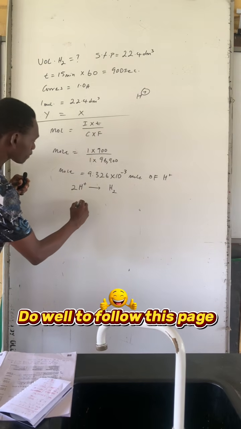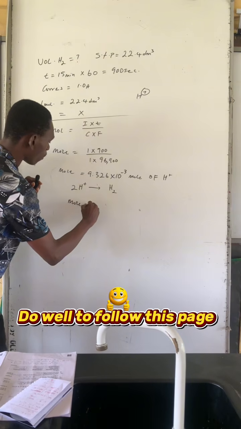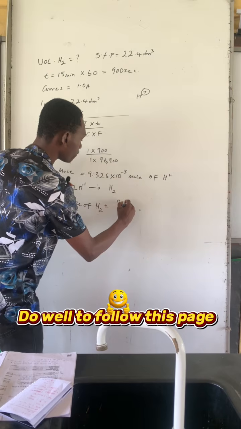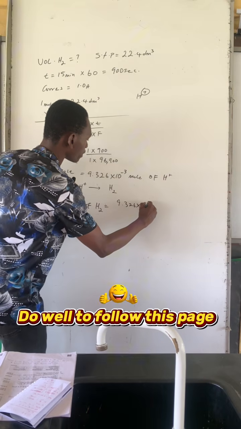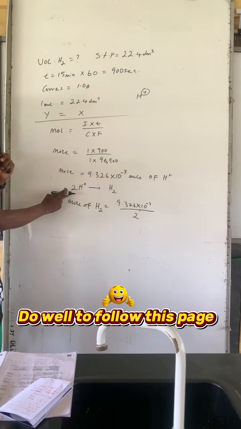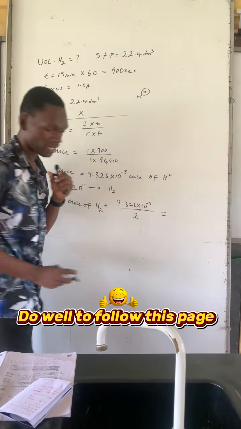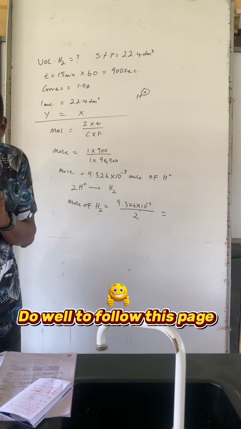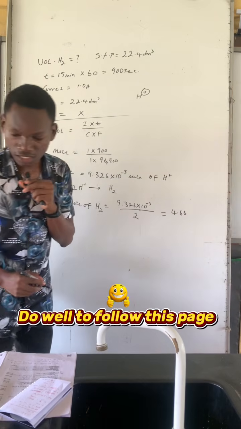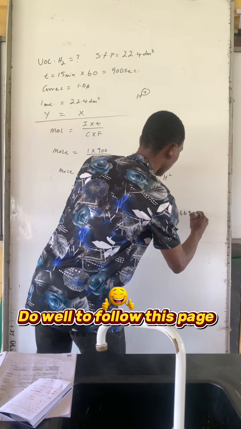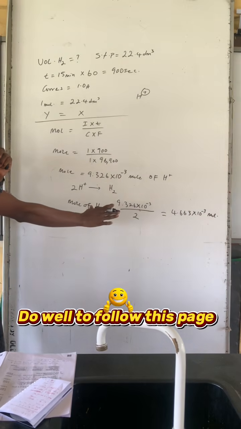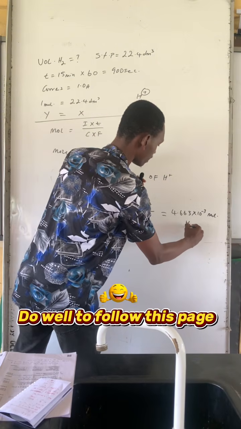So the mole of hydrogen gas will be equal to the mole we calculated here, 9.326 times 10 to the power minus 3, divided by 2, because the ratio of the ion to the gas is 2:1. We are going to get 4.663 times 10 to the power minus 3 mole. This is the mole of the hydrogen gas that will be liberated.